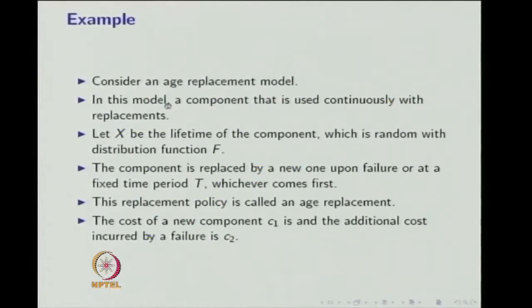Let X be the lifetime of the component, which is random with distribution function F. The component is replaced by a new one upon failure or at a fixed time period T, whichever comes first. The replacement policy is called age replacement because the component is replaced by a new one upon failure or at a fixed age T.